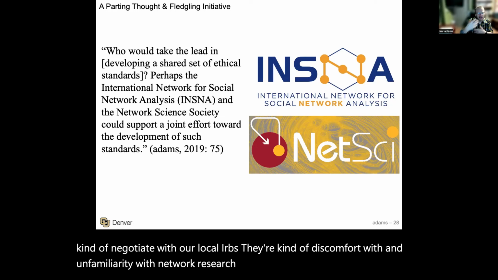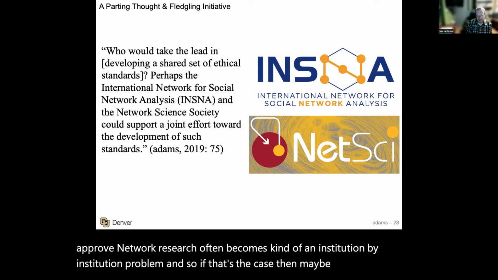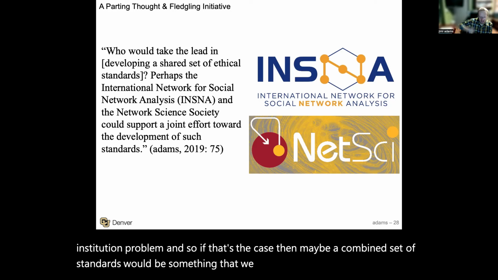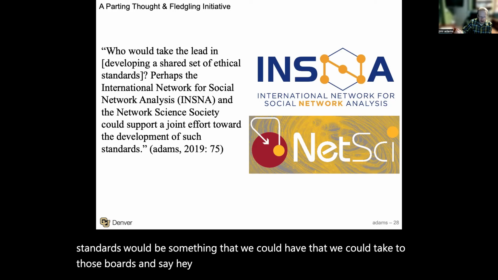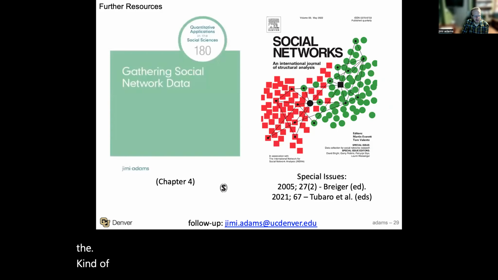Training them in how to approve network research often becomes an institution by institution problem. So if that's the case, then maybe a combined set of standards would be something we could take to those boards and say, here are best practices as agreed upon by both of these societies. We'll see where that goes, but it's in the works tentatively currently.